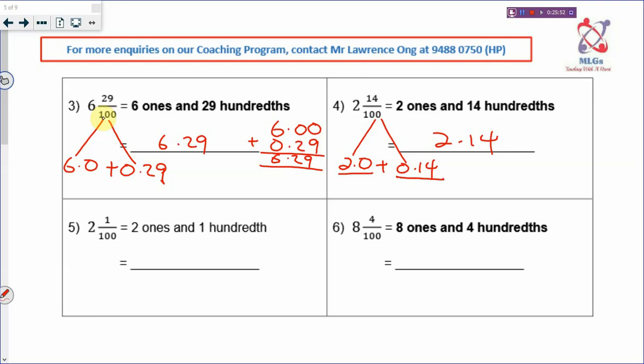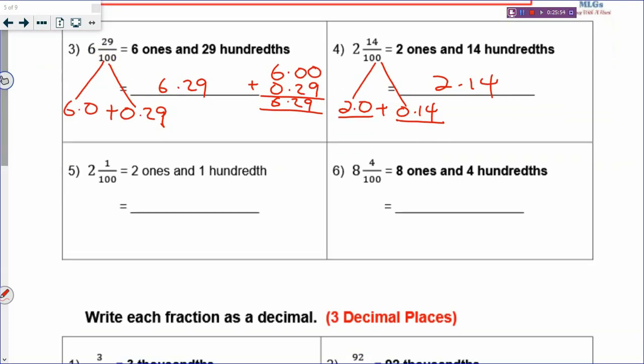Now why is it not a good idea to write the answer immediately? For example, question number 5 is a very common mistake that many students will make. Some of you will just write 2.1 because you thought that is correct, but it's actually wrong.